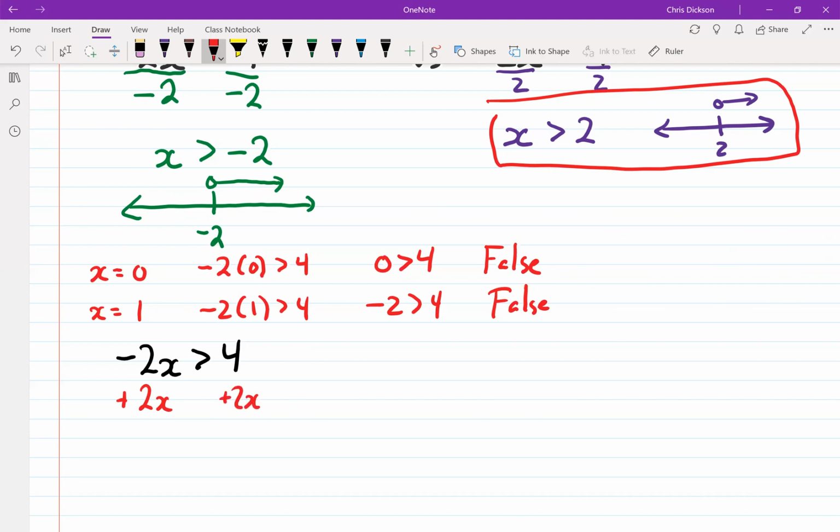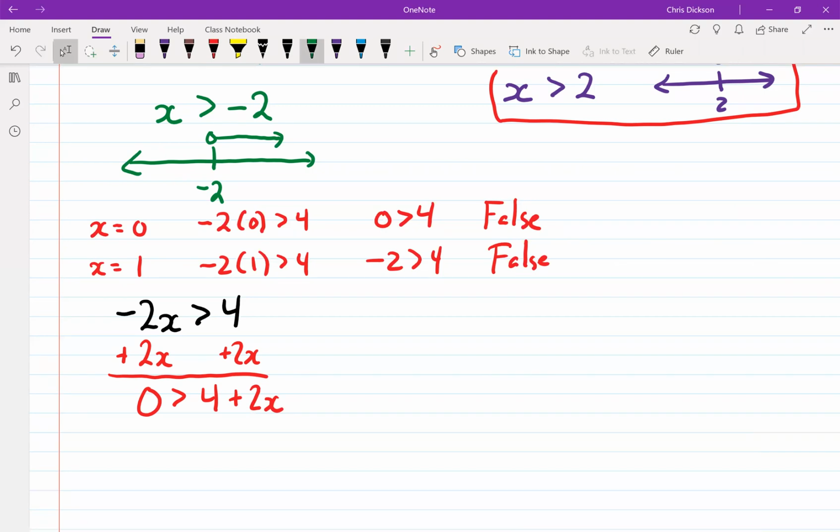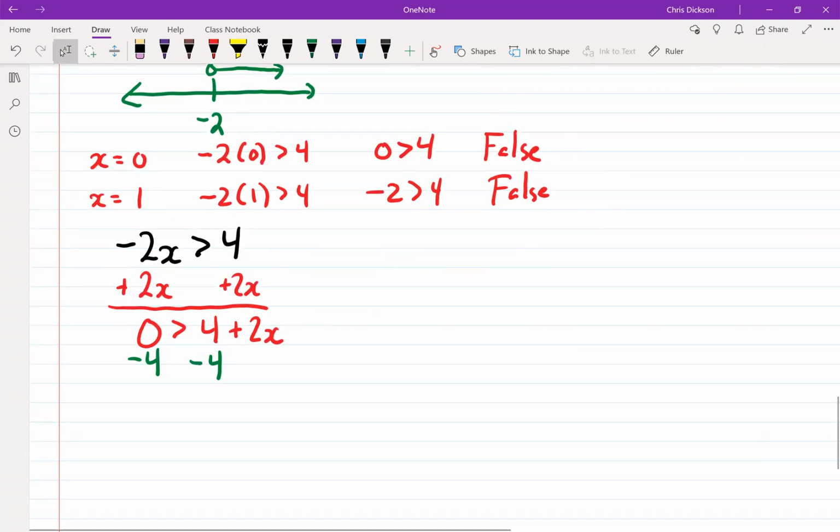That would give me 0 on this side is bigger than 4 plus 2x. Then I'm going to subtract 4 from both sides. So minus 4, and then I get negative 4 is bigger than 2x.